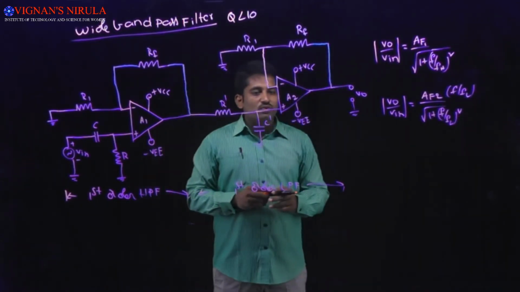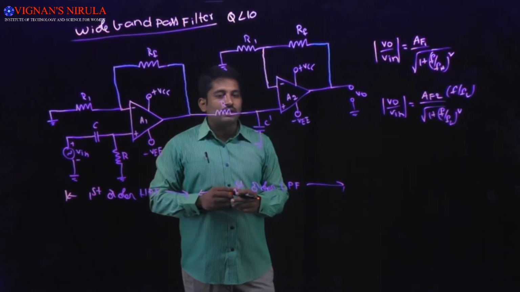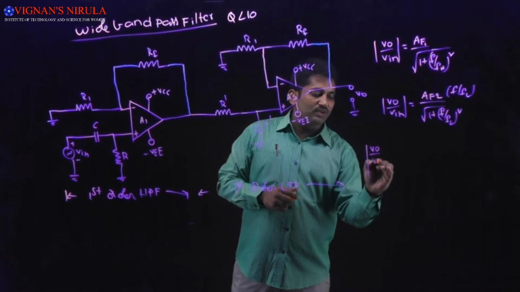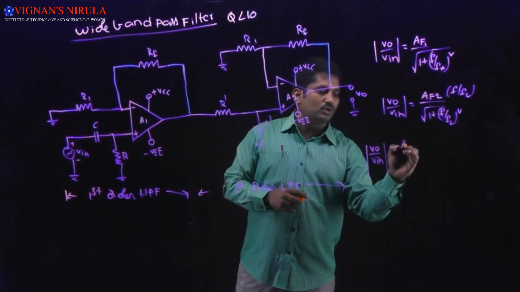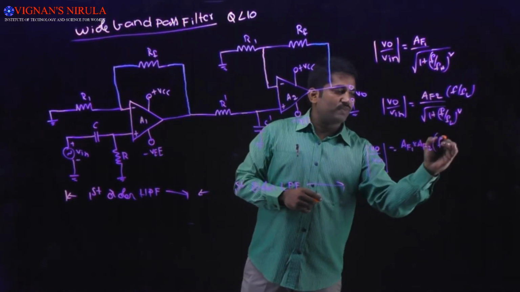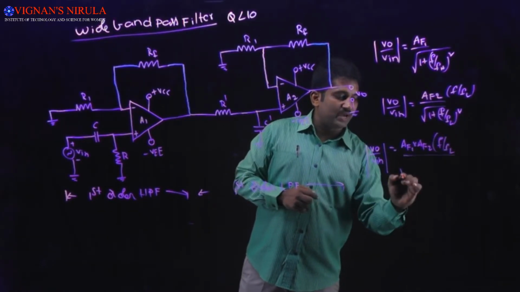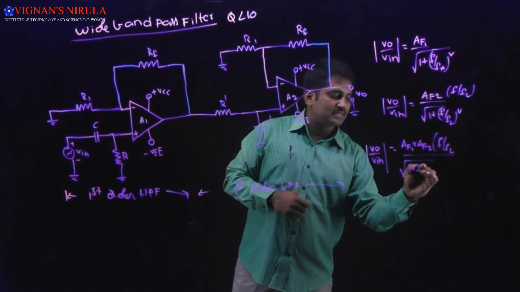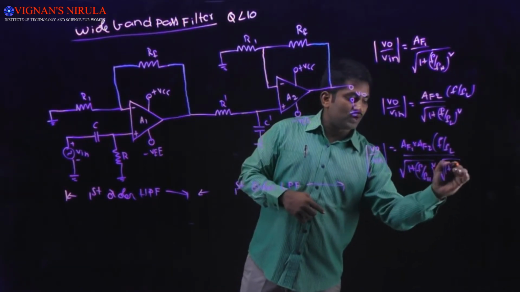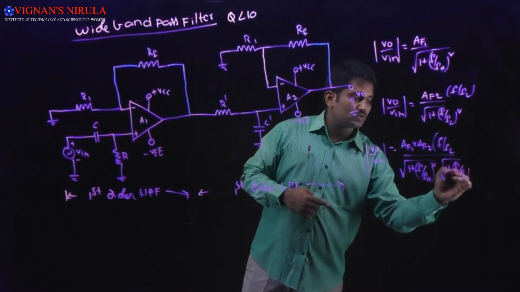So whenever you want to represent the total magnitude, which is modulus of V0 by Vin, it will be equal to AF1 into AF2 into F by FL divided by square root of 1 plus (F by FH) square and square root of 1 plus (F by FL) square.